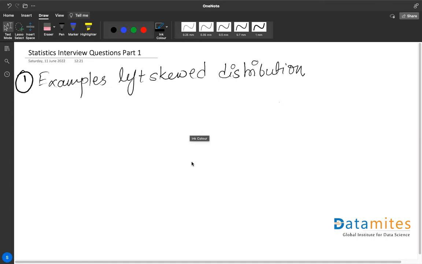Okay, Prashant says right skewed, height of student. Basava and Prasad say right skewed height of the student, and age of deaths. Right.